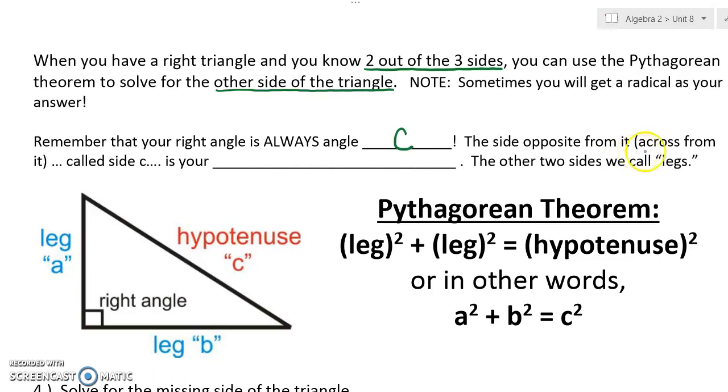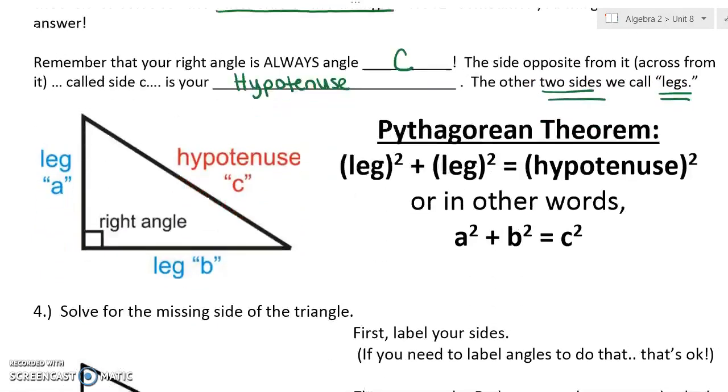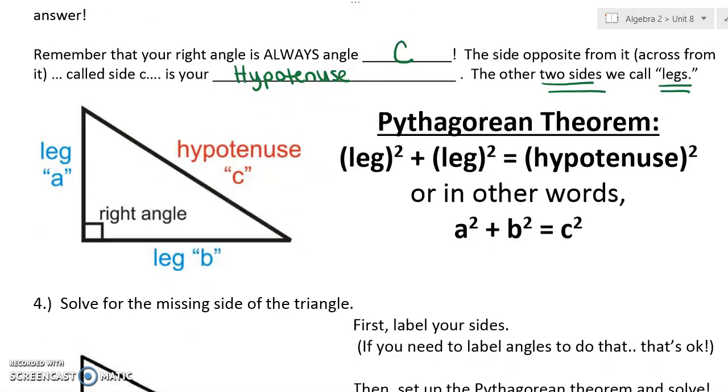The side opposite it, across from it, called side C, is your hypotenuse. And in a triangle, this is the longest side of the triangle. The other 2 sides are called legs, and that's why I always tell you it doesn't matter if you label this A or B, because they're both the legs of the triangle. So here's the Pythagorean's theorem.